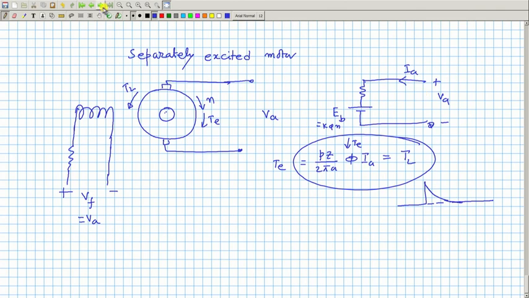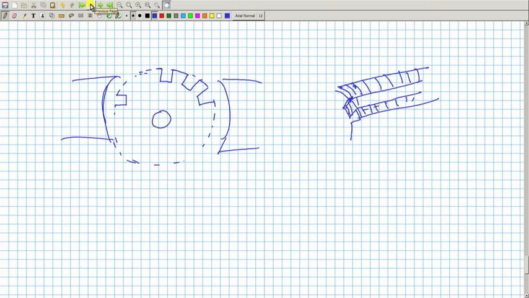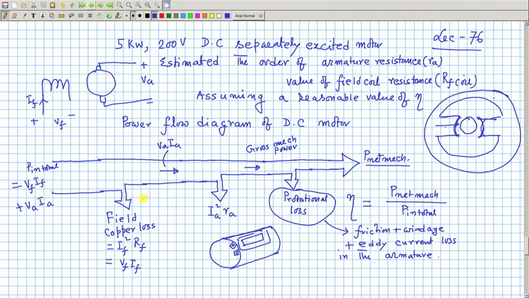Now, I also told you about the power flow diagram. This is the gross mechanical power developed. We found the expression of the torque by considering BIL in our earlier lectures.